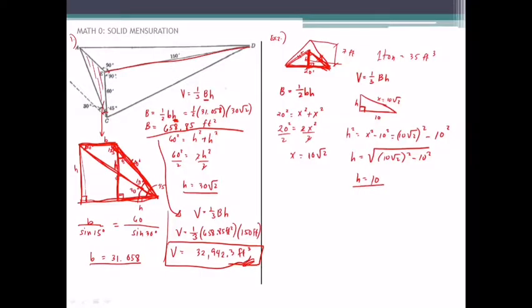Okay, so volume, let us solve for the base first. This one. So base now is equal to 1/2 base times height. Our base is 10 square root of 2.